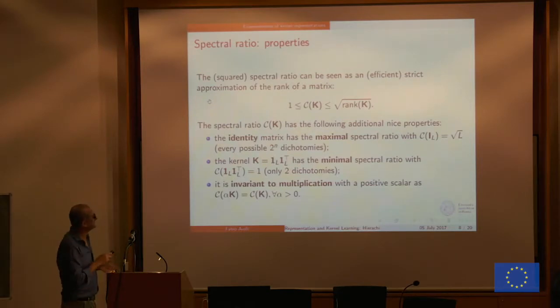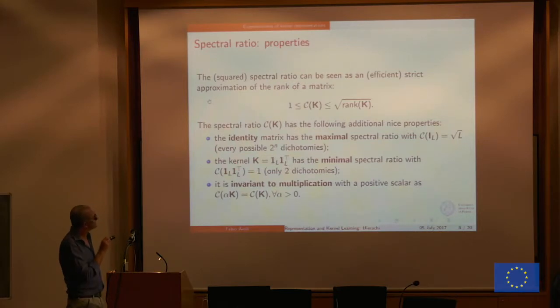So it's the most irregular kernel matrix that you can think of. So in the case of the identity matrix, you have the maximum spectral ratio, which corresponds to the square root of L, where L is the number of examples. So the maximum rank that's possible to obtain.